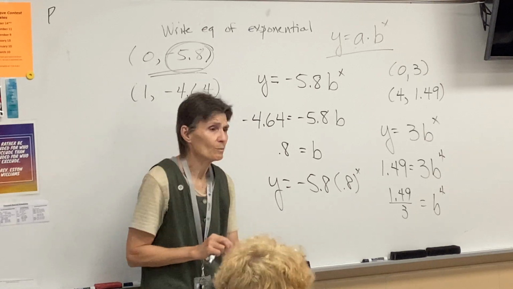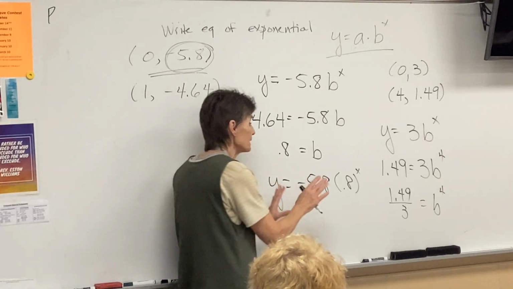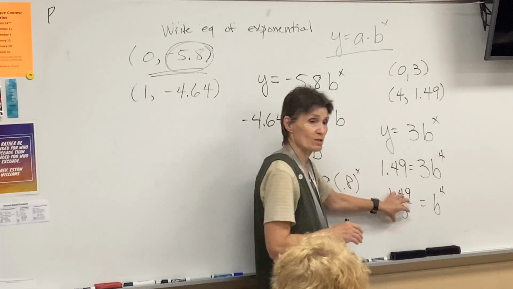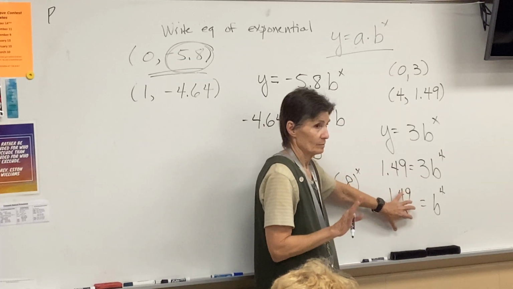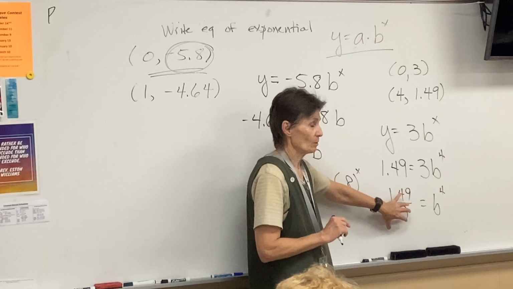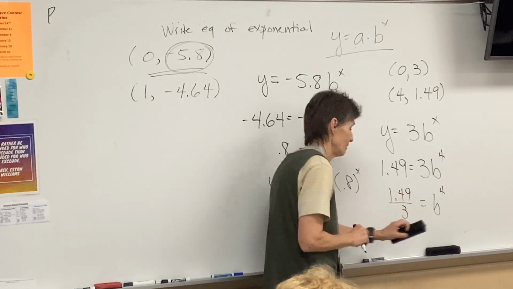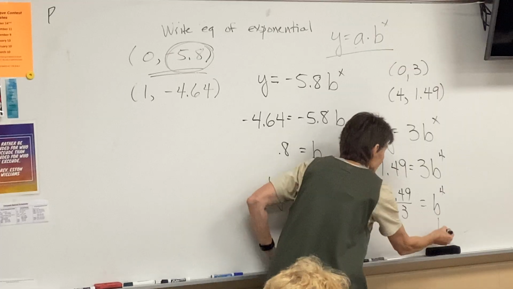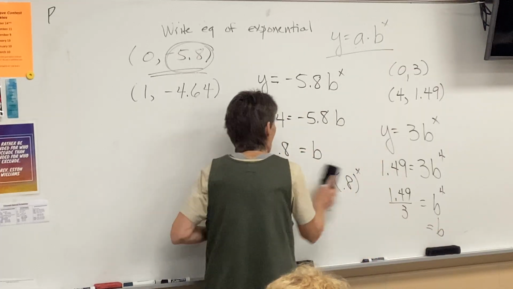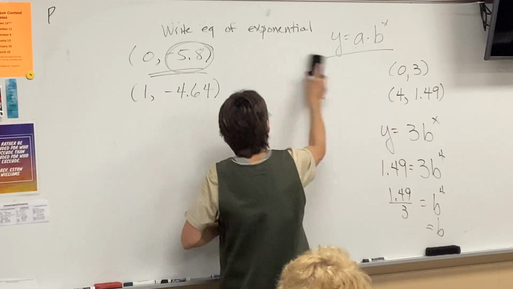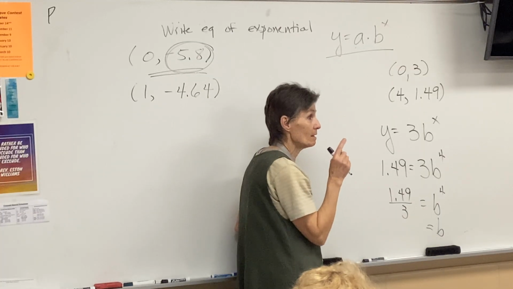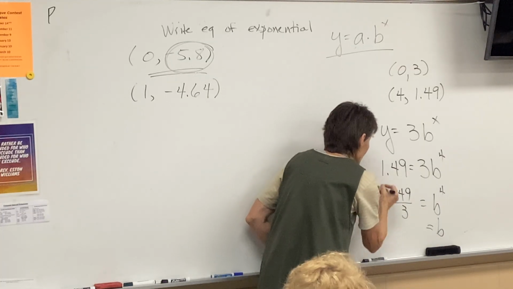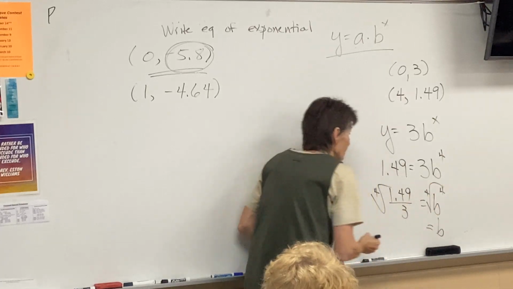So I'm not going to round it off, okay? I'm just going to leave it. Would you agree? Divide by 3, this is what I get. So this is some weird decimal that I'm going to let my calculator deal with. How do I get B? My job is to figure out what B equals. Who remembers that? Because we did that yesterday too. Well, I don't square root, I 4th root. So I am going to 4th root both sides.